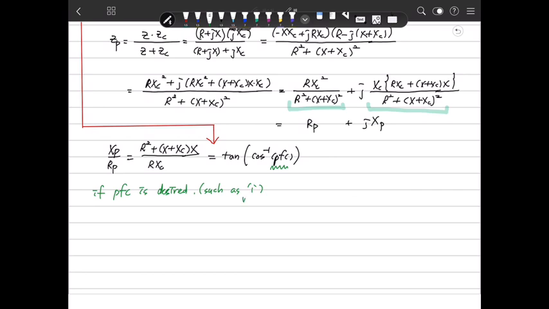So to make this desired PFC, we need to define the XC. Therefore, XC can be rearranged based on these equations. And from here, we can determine XC is R squared plus X squared over tangent arc cosine PFC minus X.